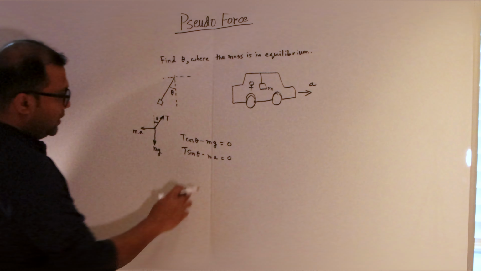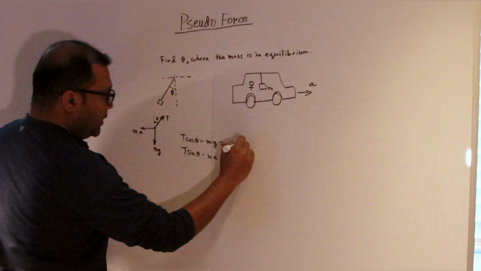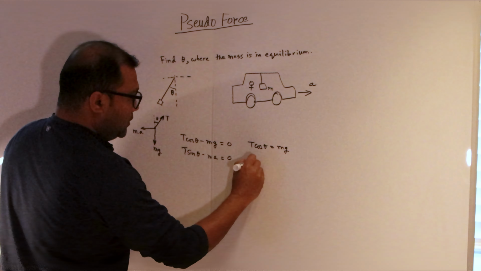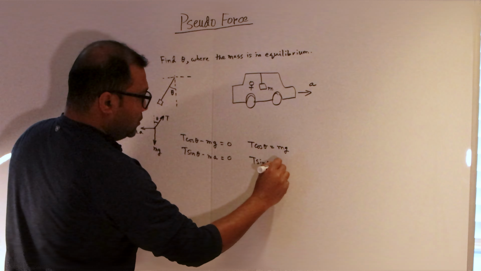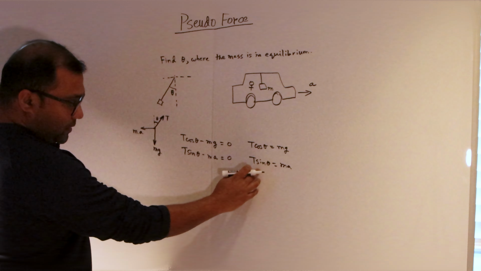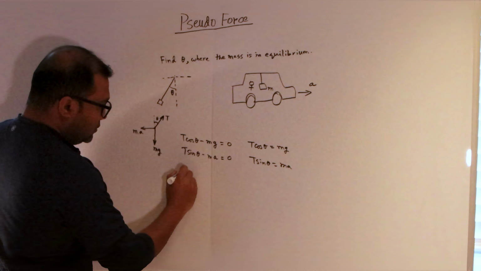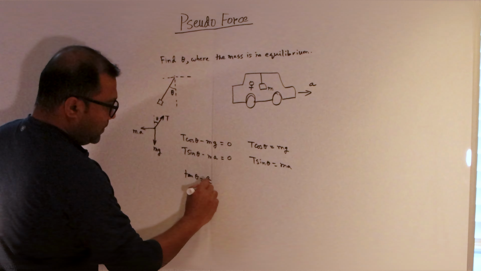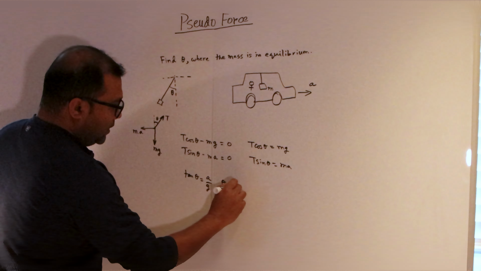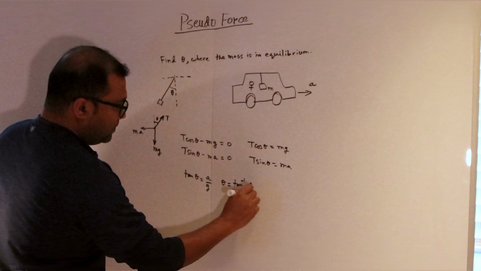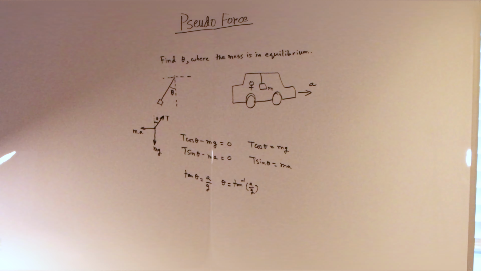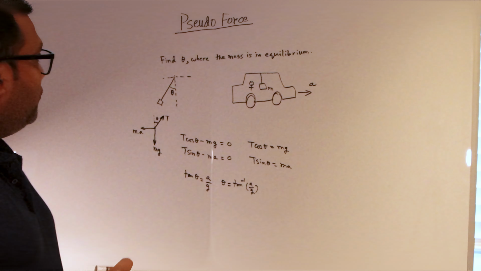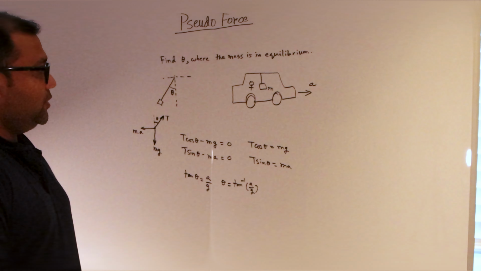From here we find T cos theta equals mg, and T sin theta equals ma. If I divide this by this, then T cancels out, so tan theta equals a by g, or theta is tan inverse a by g. So this we solved using the concept of pseudo force in a non-inertial frame.